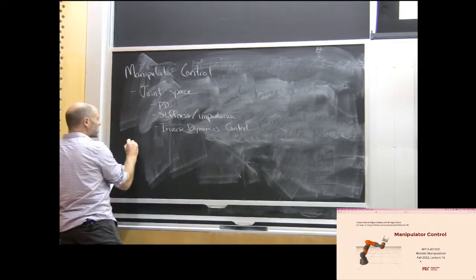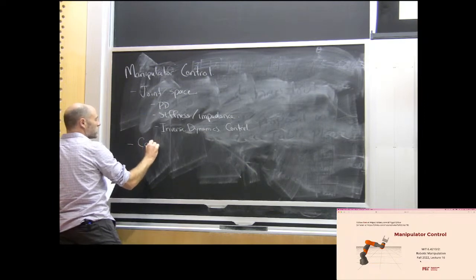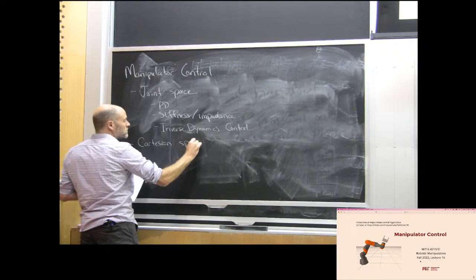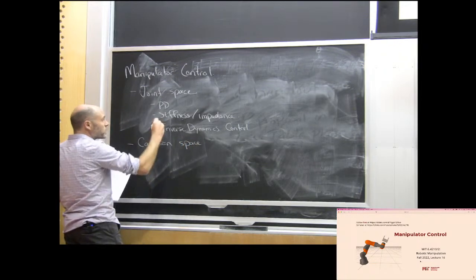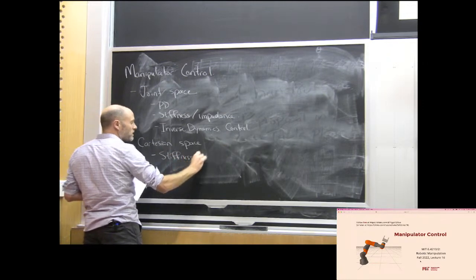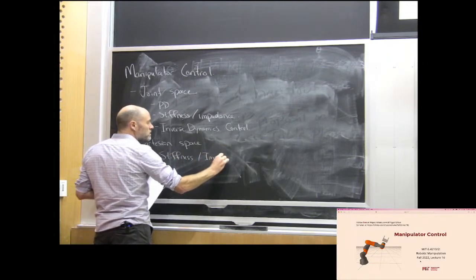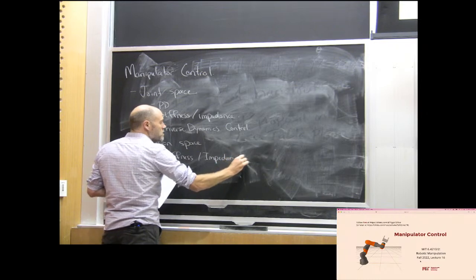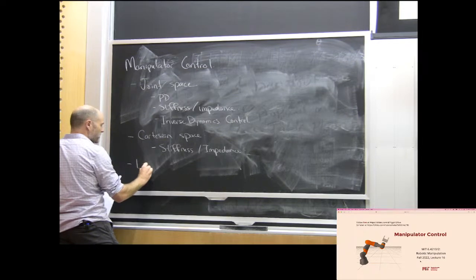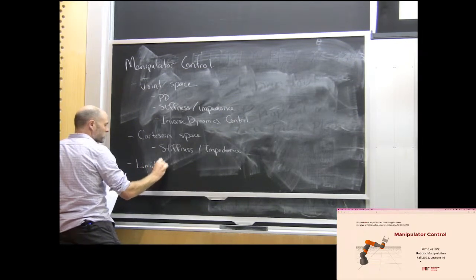Okay, and then we're going to go into Cartesian or end effector space. And we'll primarily think about what it means to be doing stiffness or impedance control there. Okay, and I'll make sure I talk a little bit at the end about some limitations and extensions.